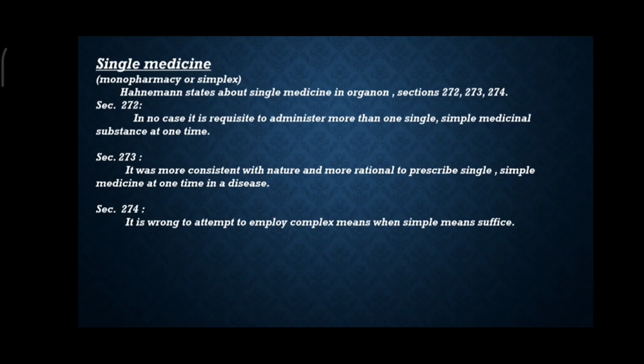In 273, it is more consistent with nature and more rational to prescribe a single simple medicine at one time in a disease. In 274, it is wrong to attempt to employ complex means when simple means suffice.